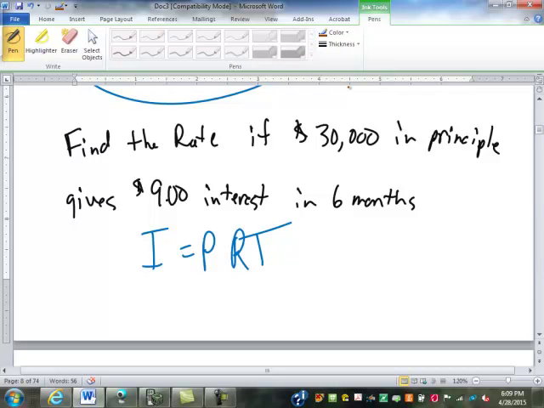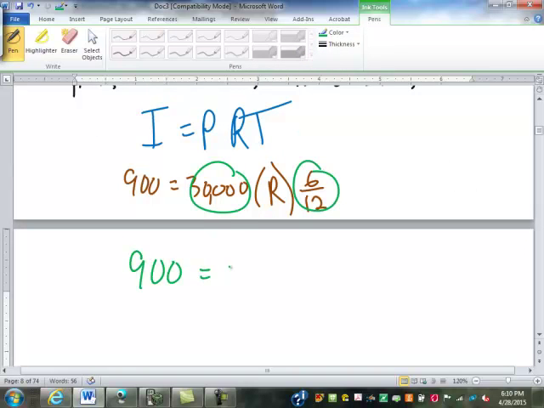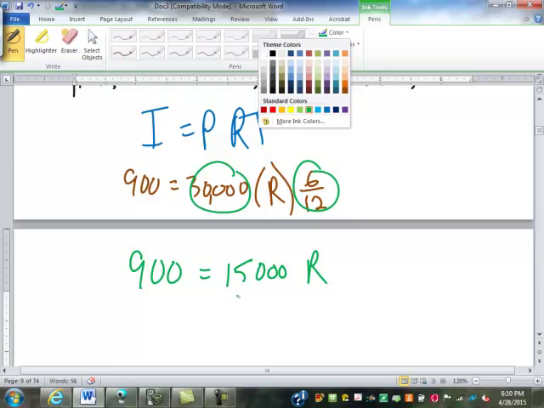I equals PRT. I is 900. P is 30,000. R is what we're looking for. T is 6 over 12. So now we combine 30,000 with the 6 over 12 to 15,000. And then divide by 15,000.